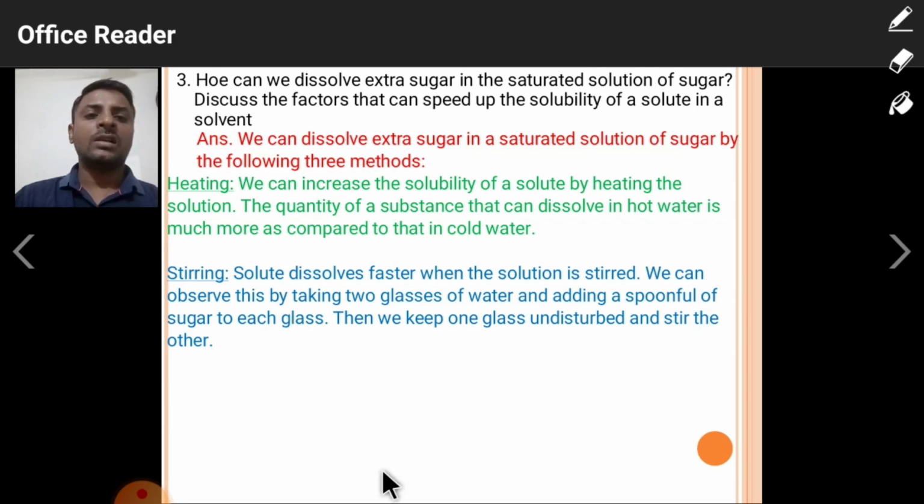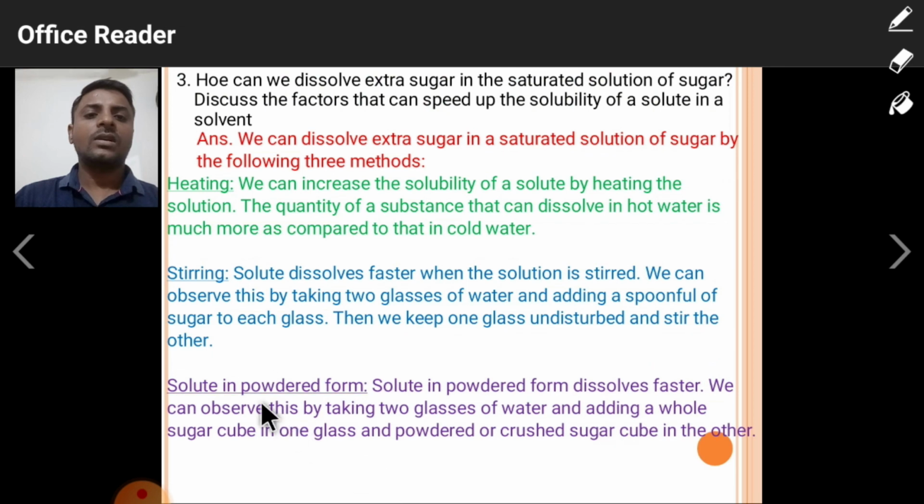Another method is solute in powdered form. Solute in powdered form dissolves faster. We can observe this by taking 2 glasses of water and adding whole sugar cubes in one glass and powdered or crushed sugar cube in the other glass.